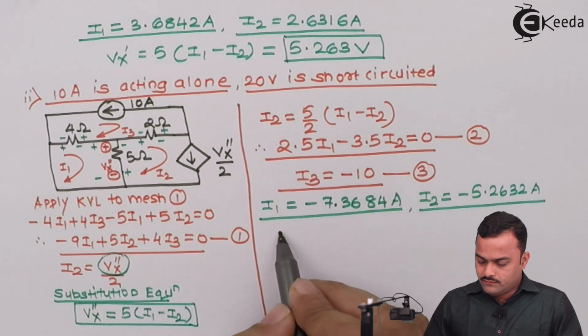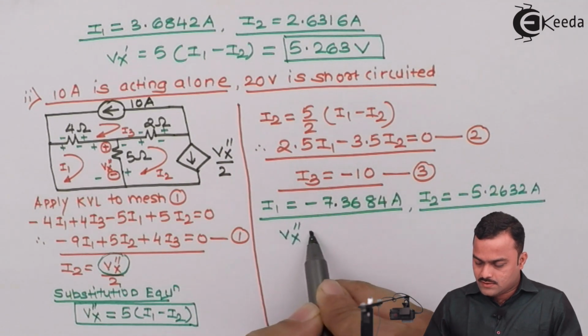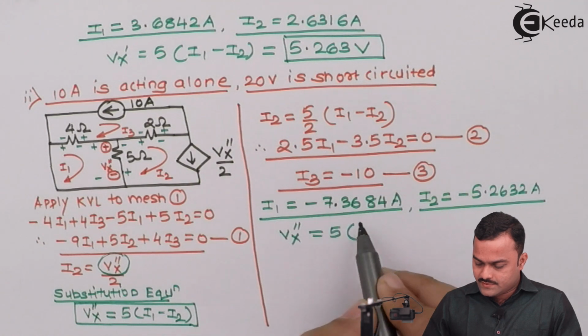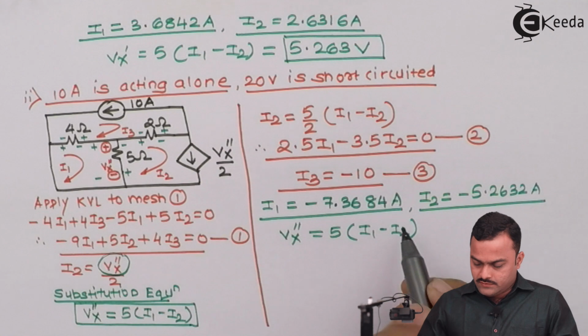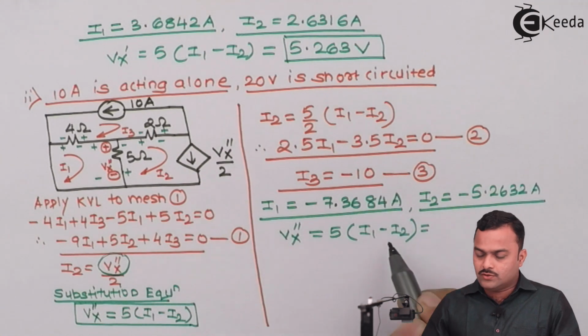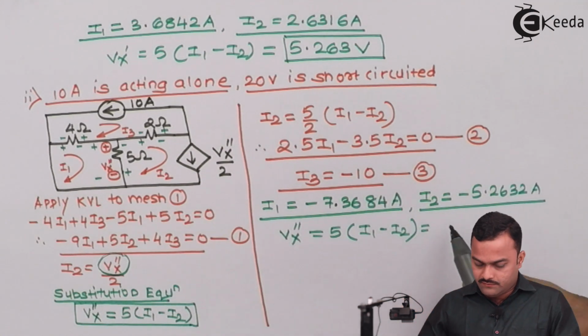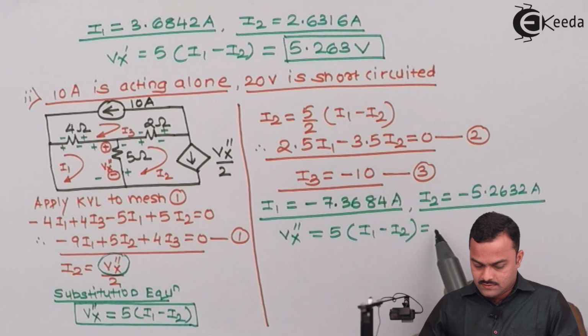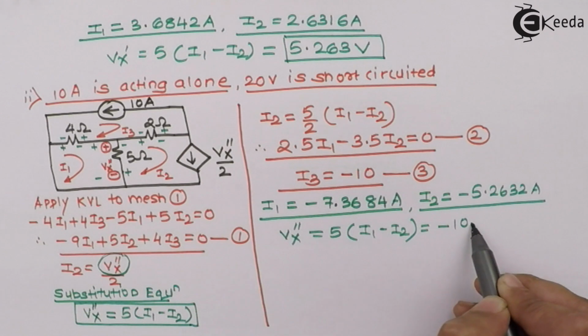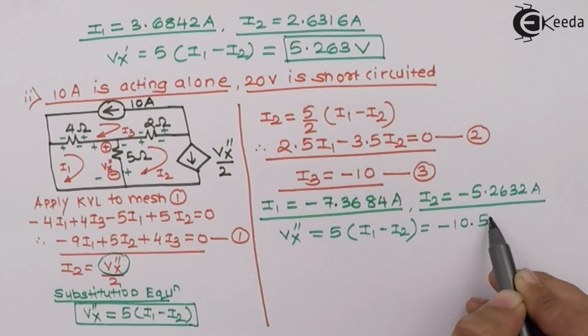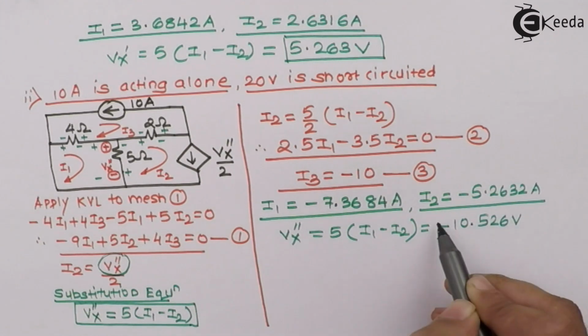But what we want is Vx double dash, nothing but 5 times I1 minus I2. So if I substitute the values of I1 and I2, I will get Vx double dash as minus 10.526 volt.